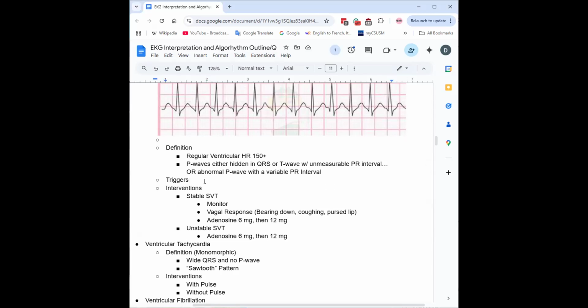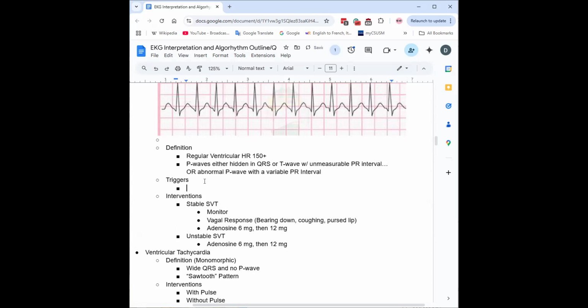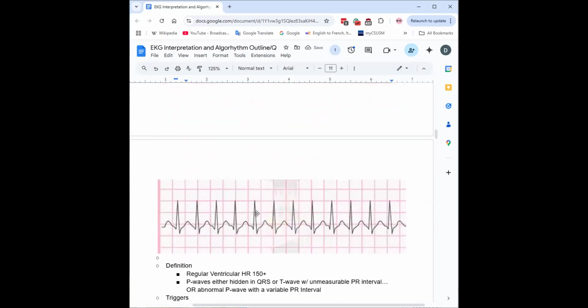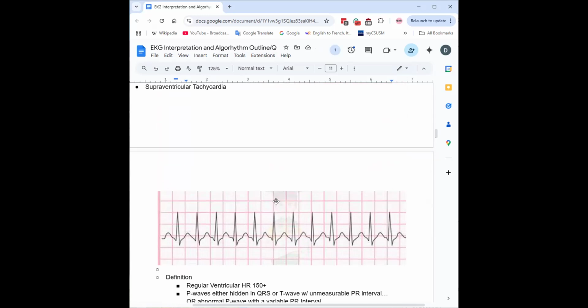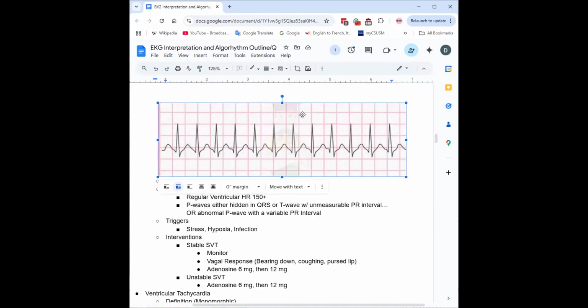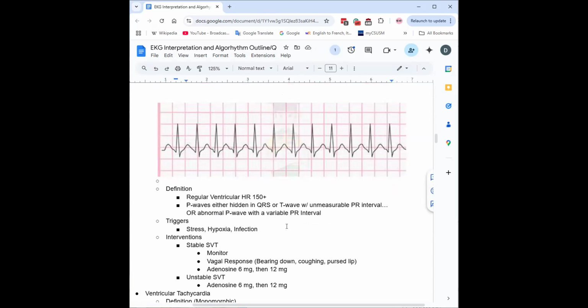And then here I just have a little section for triggers. So your SVT could be triggered by stress, hypoxia, infection. Once you get to sepsis, you'll see there's a connection between a big inflammatory response and the release of your natural epinephrine, and a lot of that together can cause your sympathetic nervous system to go up, and then that can cause dysrhythmias.